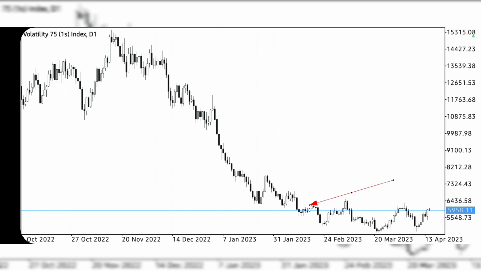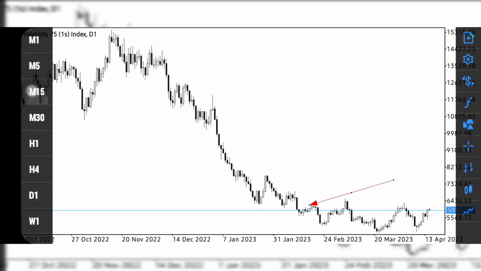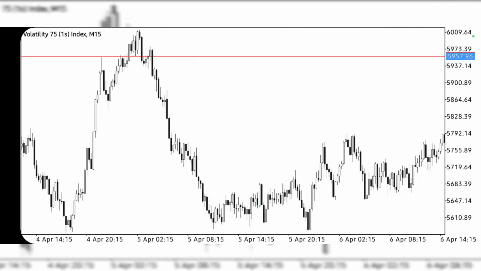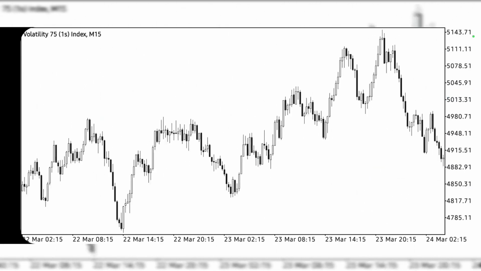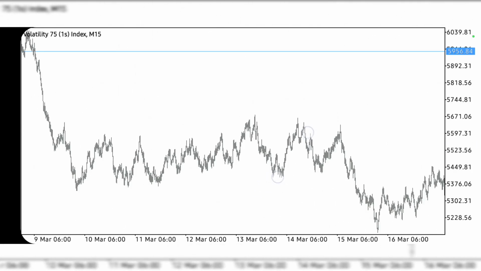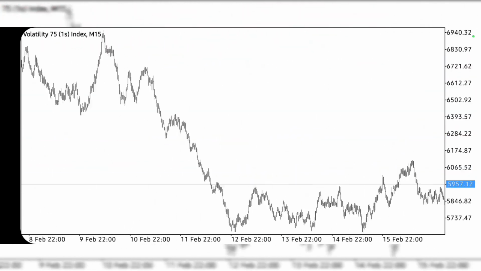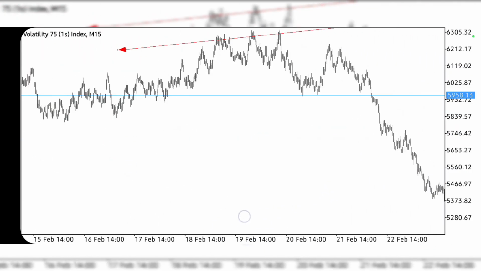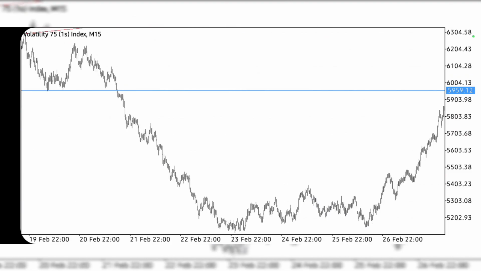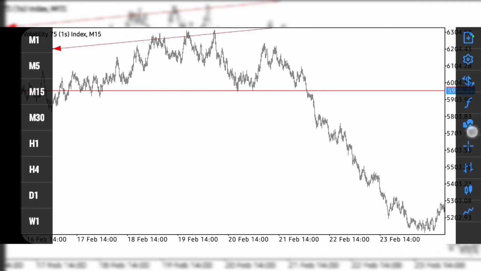Now when you check the 15 minutes time frame or the 30 minutes time frame, you are going to see this as an actual break of structure. You will see this as a break of structure on the 15 minutes time frame. All right, so here we go guys.